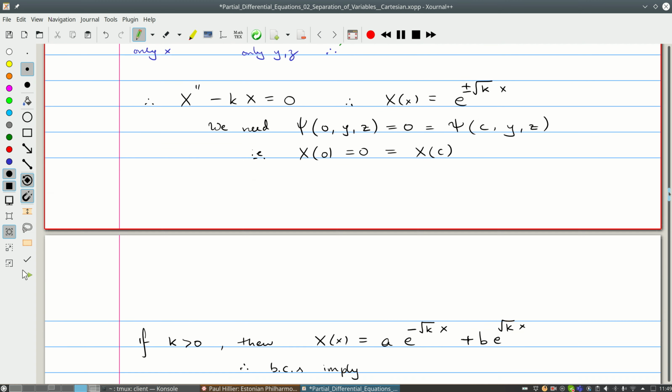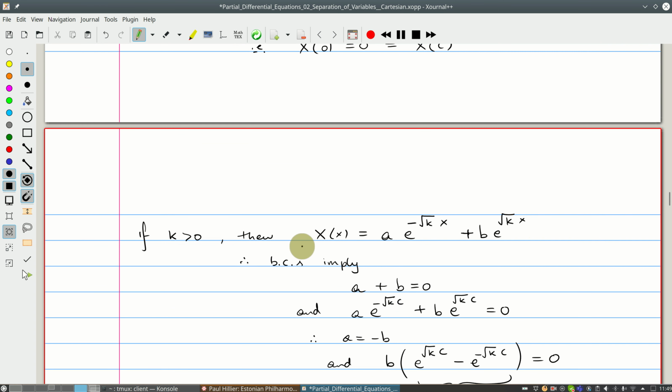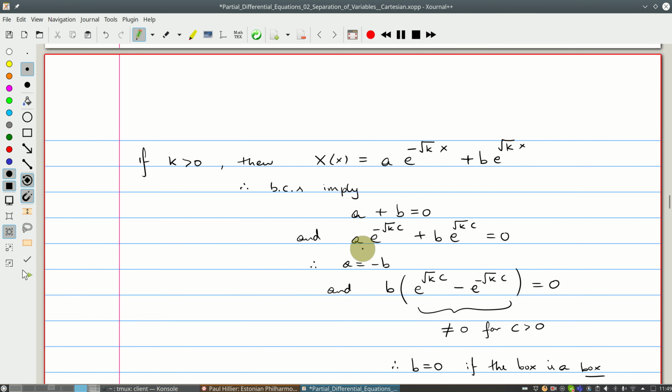Now, if k is greater than 0, then capital X is simply a linear combination of these two exponentials, a e to the minus root k x plus b e to the plus root k x. Now the boundary conditions imply that a plus b is 0, so when x is 0, we get a plus b is 0. And then the other boundary condition at x is equal to c implies that a times e to the minus square root of k c plus b e to the square root of k c is 0.